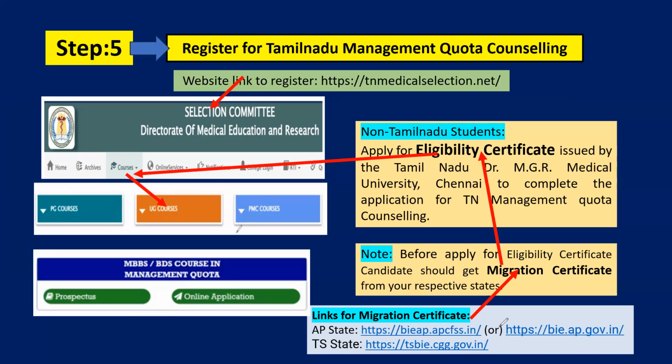When you apply for migration certificate, after 1 week or 10 days only, you will get the migration certificate online. Once you receive the migration certificate online, then you should apply for eligibility certificate from Dr. MGR Medical University, Chennai. After you get the eligibility certificate, then only you can complete the application submission process for Tamil Nadu Management Quota Counselling.